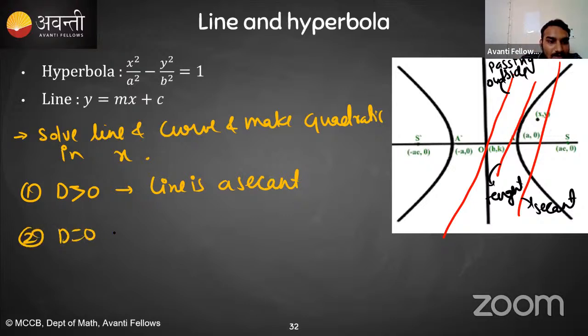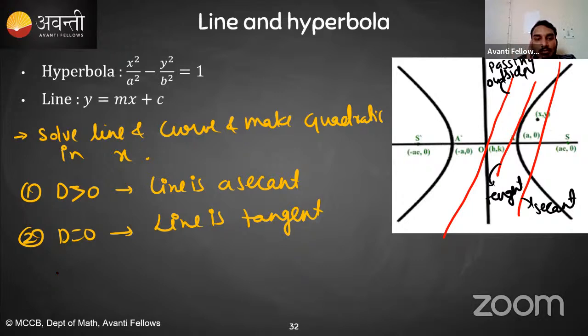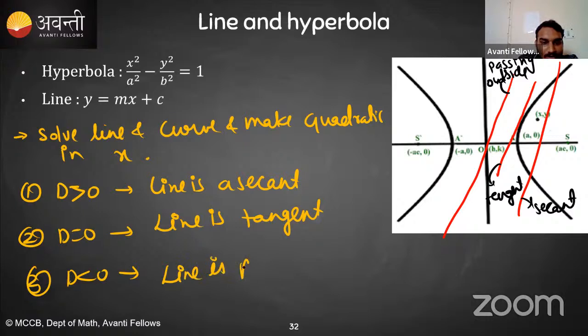D equal to 0 means the line is a tangent, means there is only one solution, so the line is just touching the curve. Third, D less than 0 means there is no solution, so the line is passing outside. Clear, right? This is what we always do.